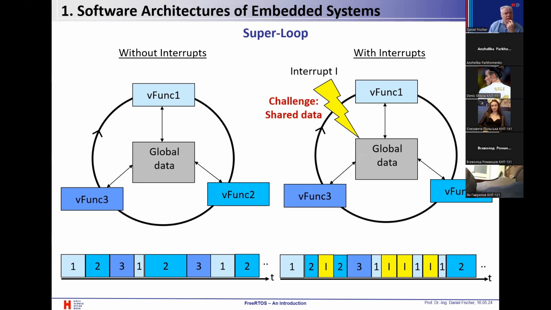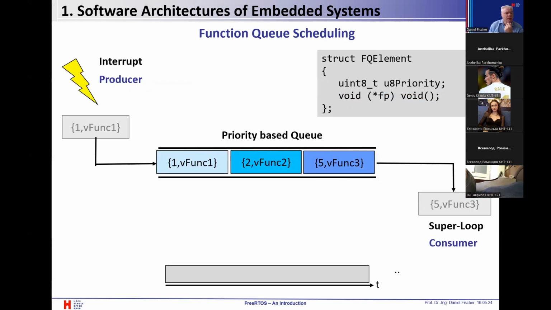The third architecture is a little bit more difficult to program. You have to implement a queue in your code on your own. Mostly we use some linked list or ring buffers here. The interrupt is considered as the producer.